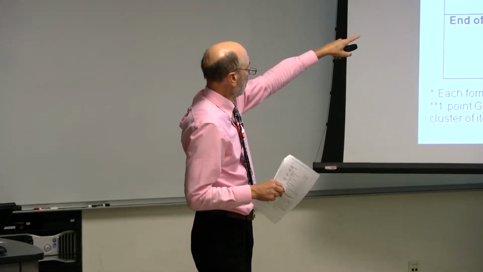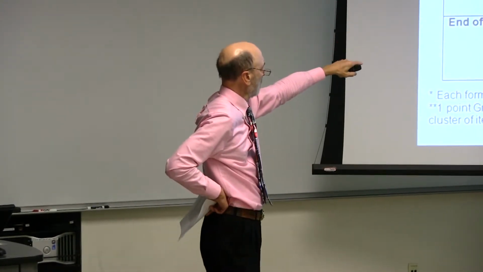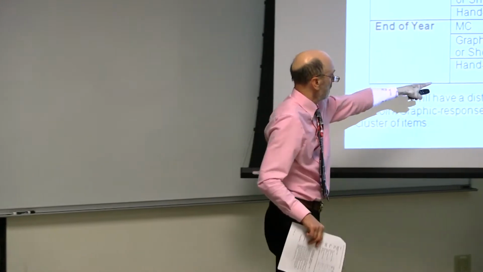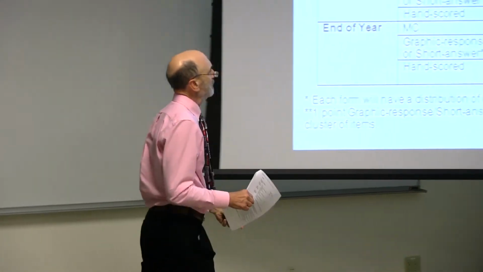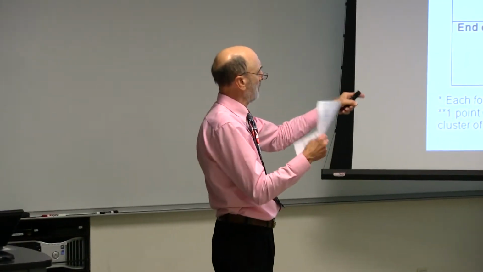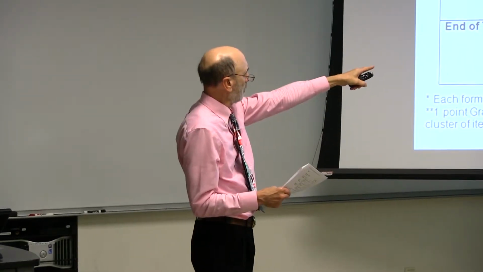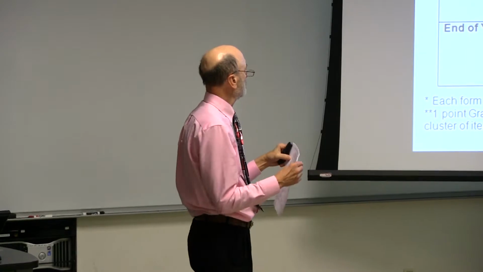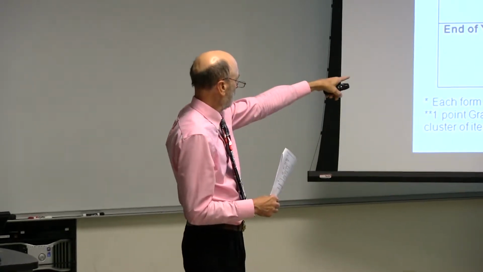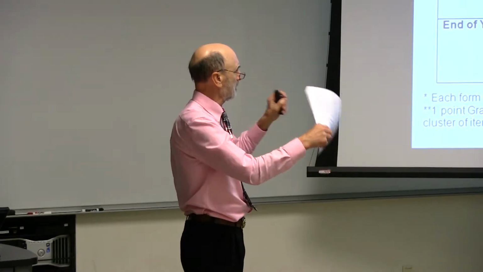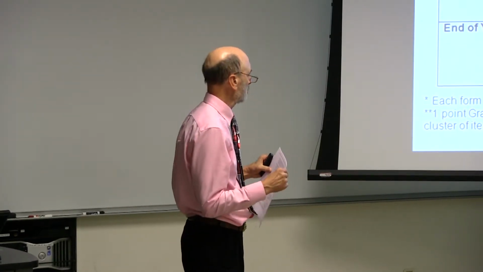Notice there are no multiple choice in March, and there are no hand scored at the end of the year. This just tells you a range of points. There will be between 8 and 12 points assigned to questions for the 2 parts of the performance-based, and down at the end of the year, about how many for multiple choice versus graphic response.